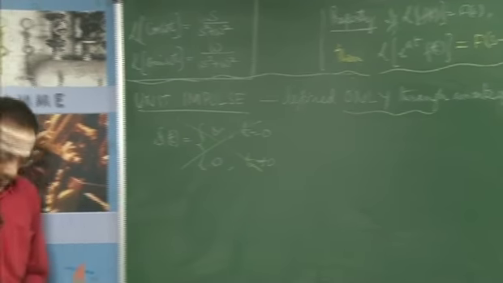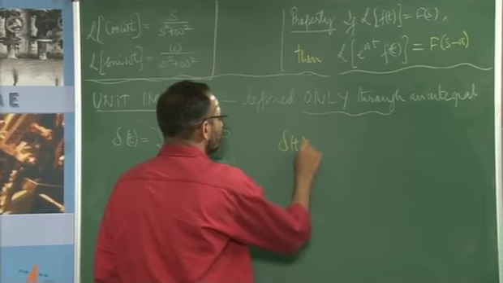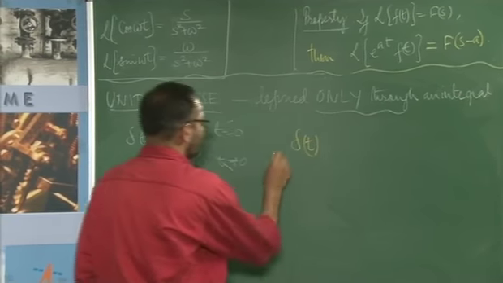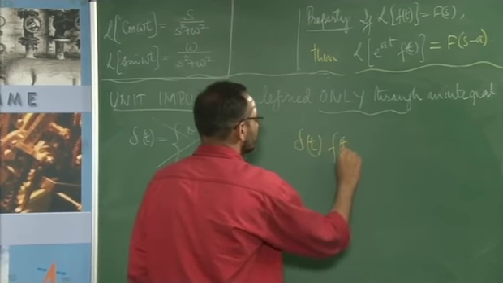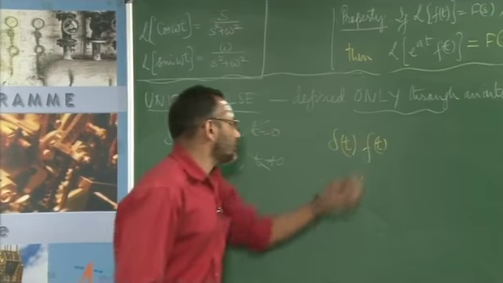Now, let us see how this is defined through an integral. Delta of t, let me take a function f of t and then I multiply by delta of t, and it is defined only through the integral.